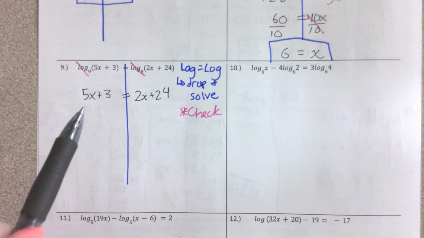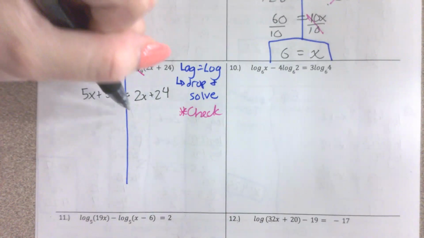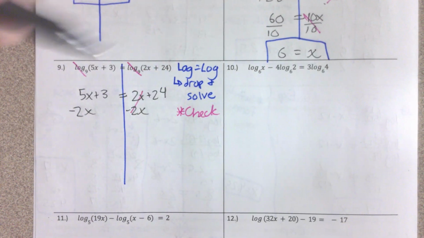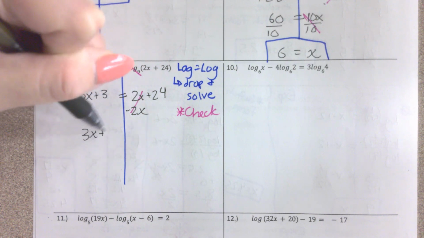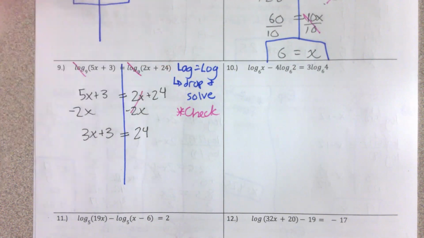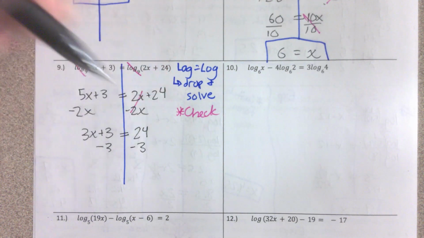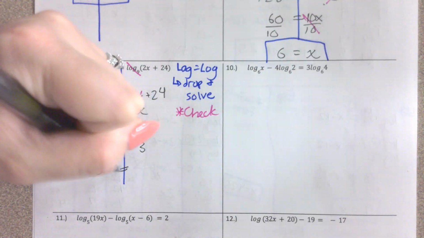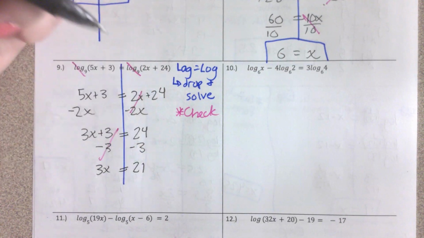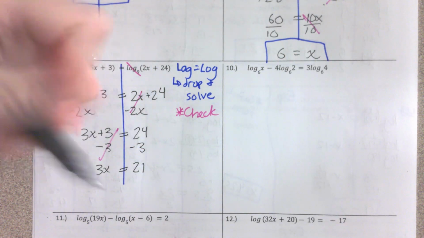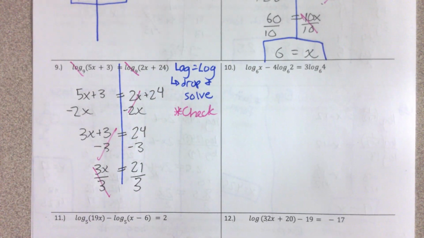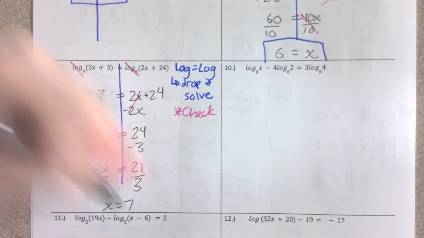From here, I've got 2x terms, so I'm going to move the smaller one, minus 2x on both sides. 5x minus 2x, that is 3x, plus 3 is equal to 24. 2 steps to solve, minus 3 on both sides. 3x equals 21. And then lastly, we're going to divide by 3 on both sides. X is 7.